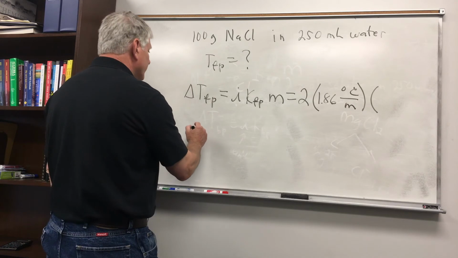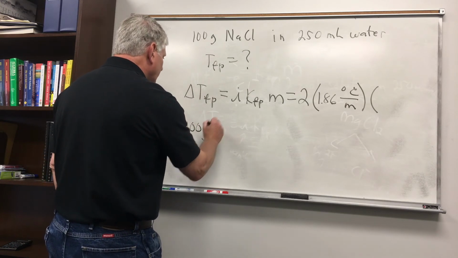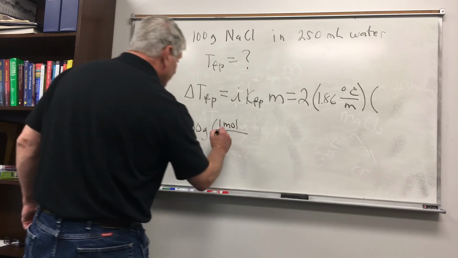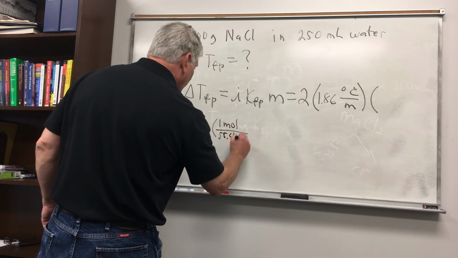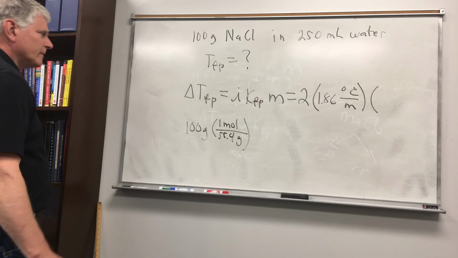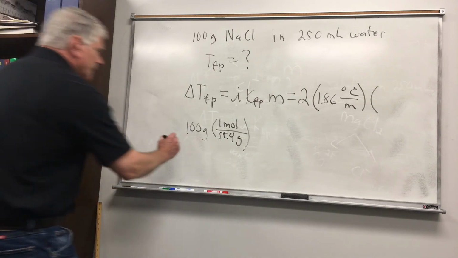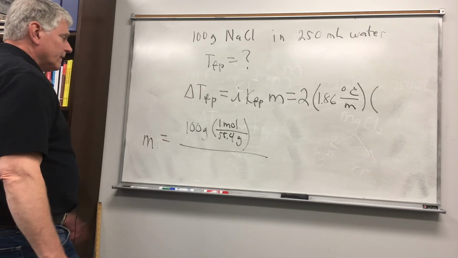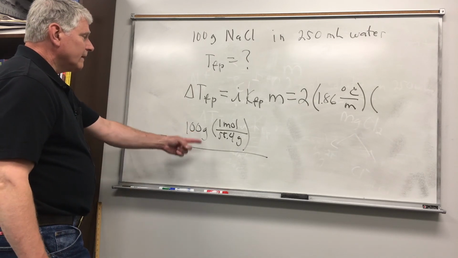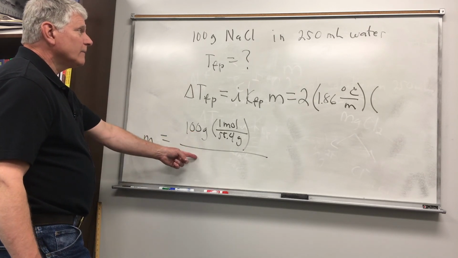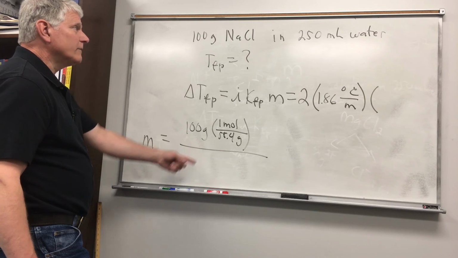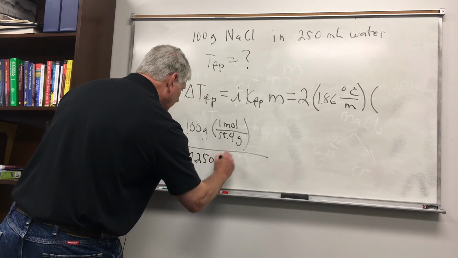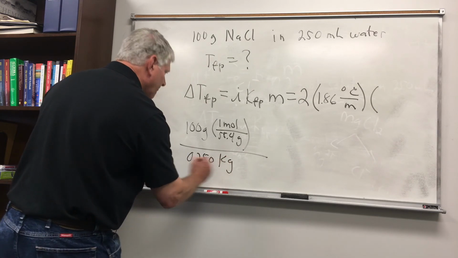And the molality of the solution is 100 grams of sodium chloride, 58.4 grams per mole being the molecular weight. So this is the moles of sodium chloride divided by kilograms of solvent. We have 250 milliliters of water, so that's 0.25 kilograms.